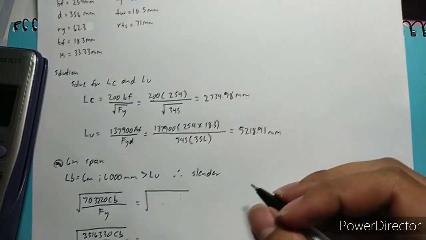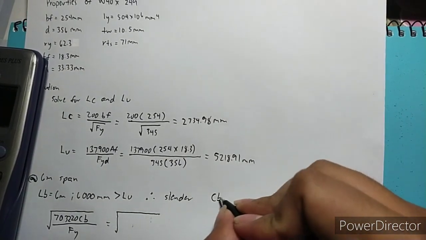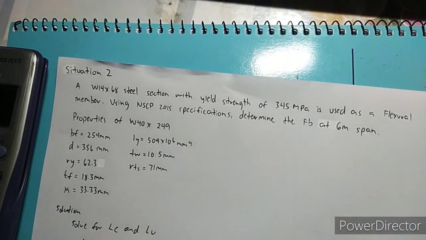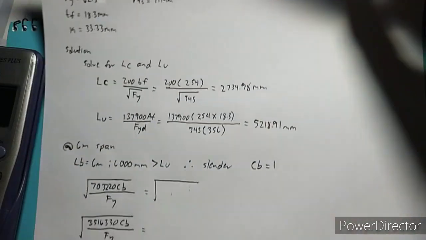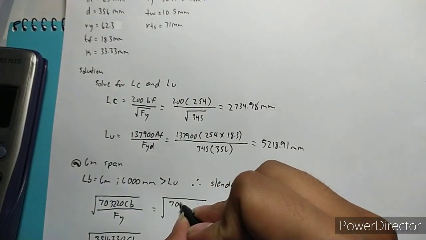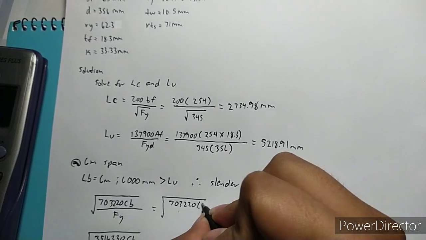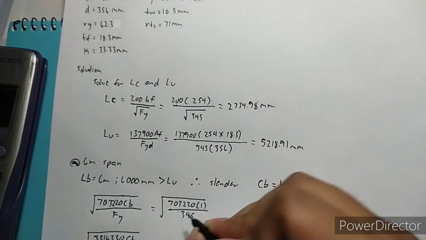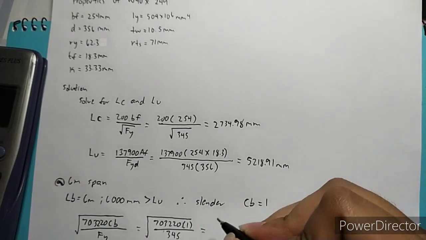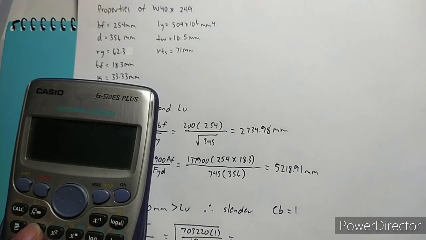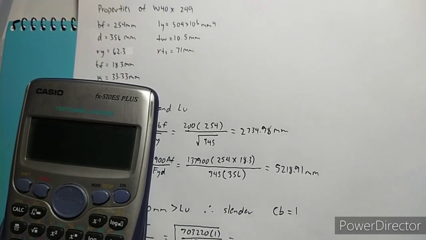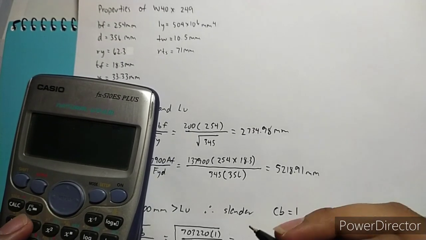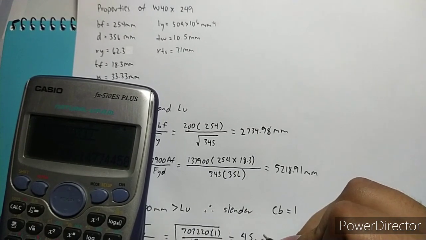So, alam naman natin, si CB dito is equals lang siya sa 1. Dahil walang sinabi sa formula kung anong CB yung gagamitin natin. So, 703,220 multiplied by 1 all over 345. Makukuha ang sagot na 45.15.